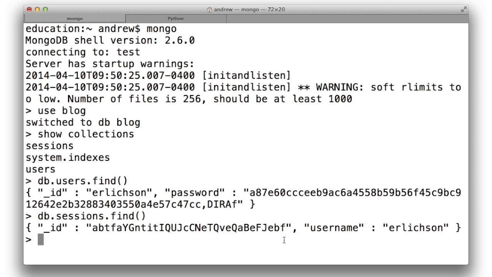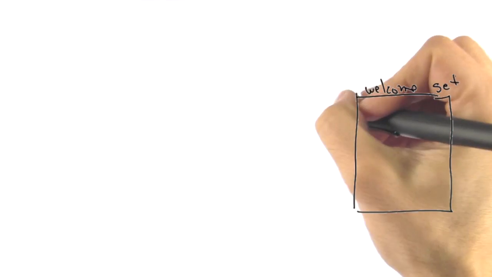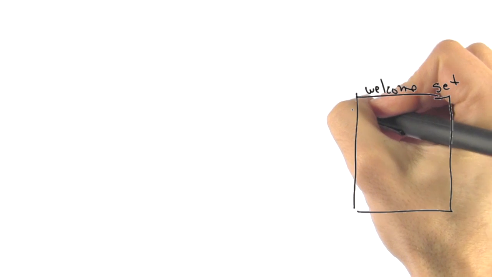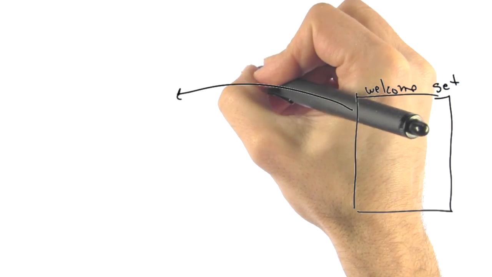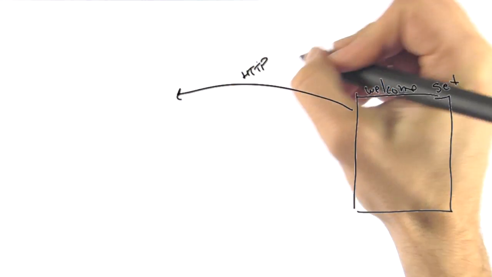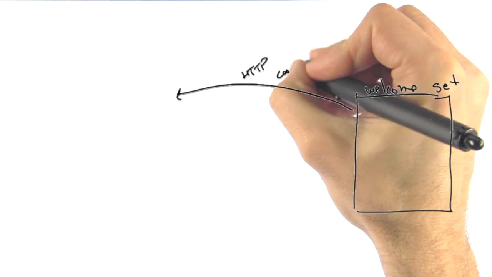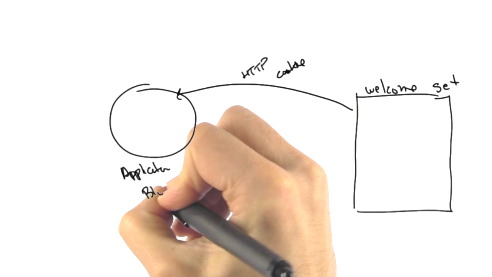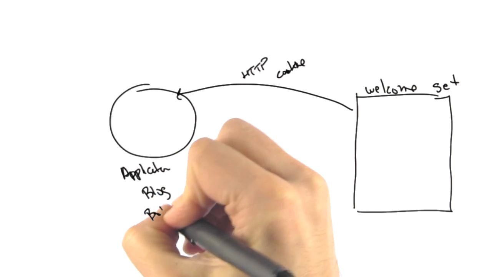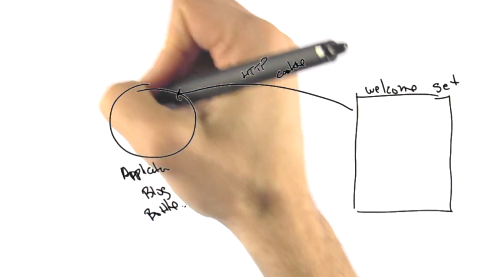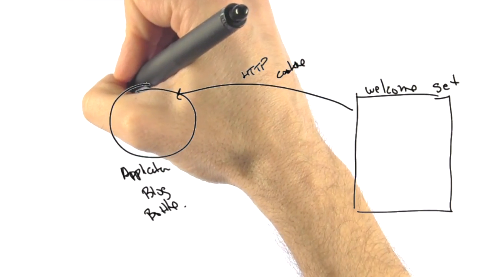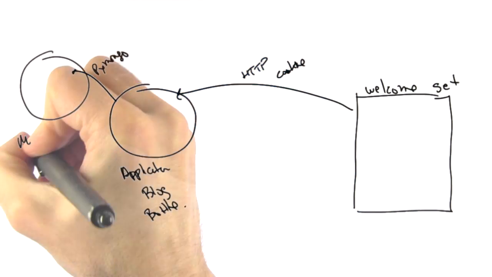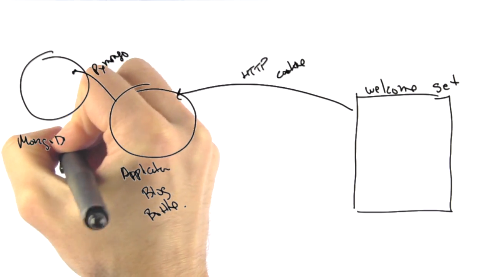Let's go over it. When the welcome page is presented, it's done through a GET request. And what happens is the browser sends a request via HTTP with the cookie present to your application, which is written in Python. And this is the blog application. And of course it uses Bottle to take the HTTP requests. And then the application makes a request using PyMongo to MongoDB.